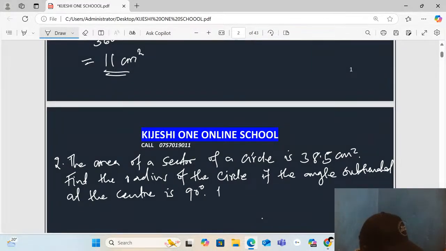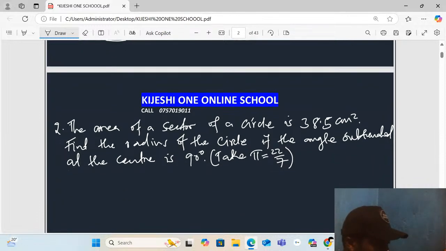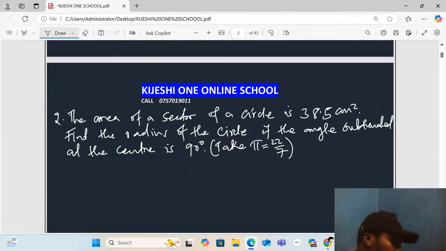Then we're given to take pi to be 22 over 7. Solution.